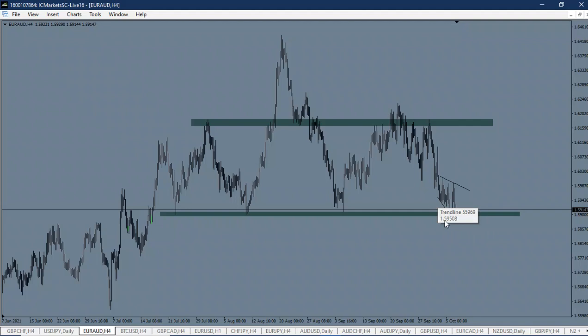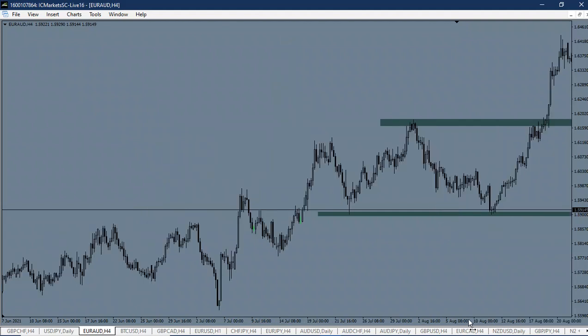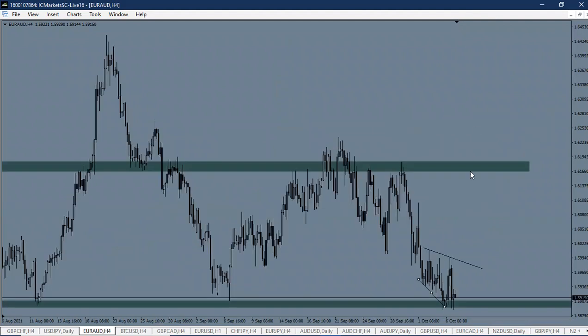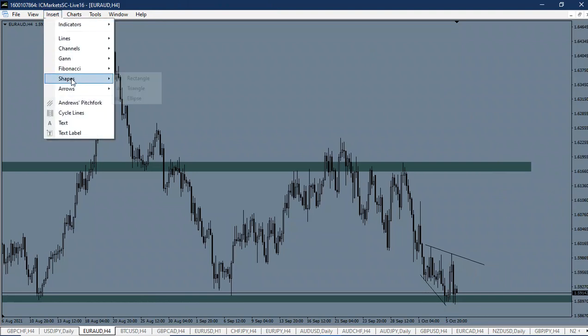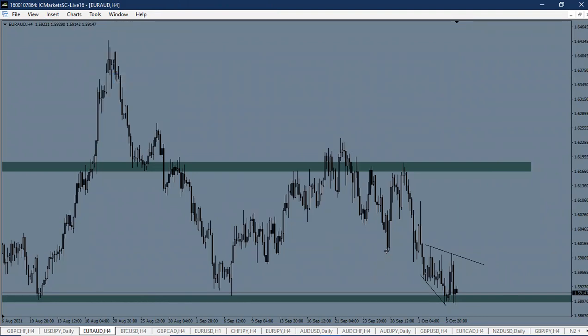With our first touch, second touch here, first touch and second touch here, and first touch and second touch on this side as well. We see we have another level right here, strong level right there.